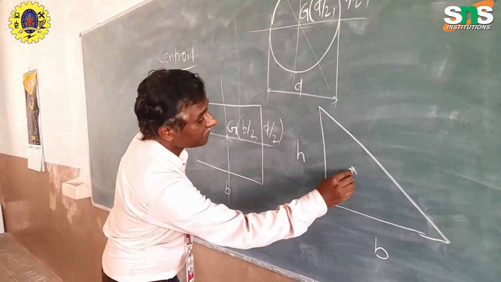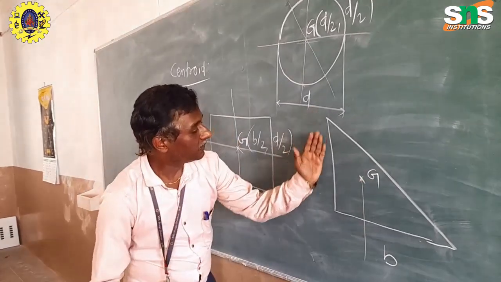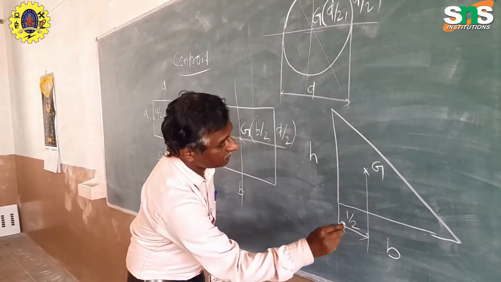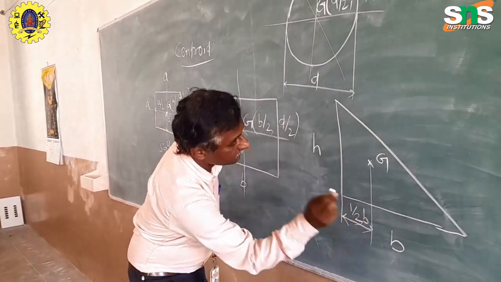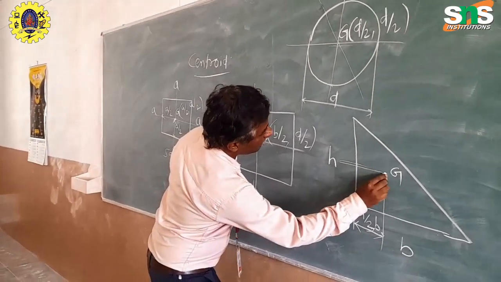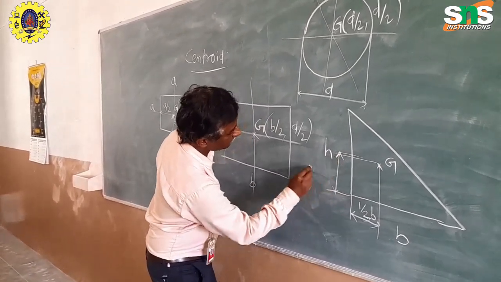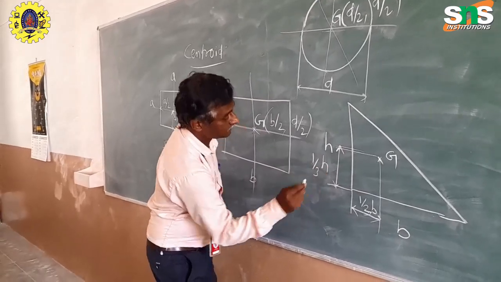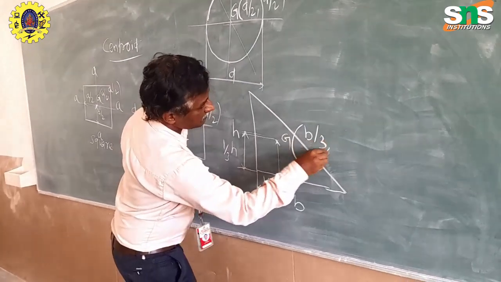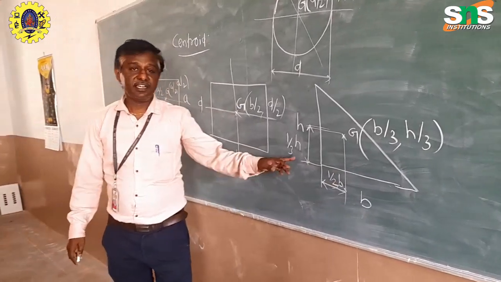So here the centroid, from this vertex, is 1/3 of the base, and vertically it is 1/3 of the height. So I can say that this is b by 3 comma h by 3. This is the center for a right angle triangle.